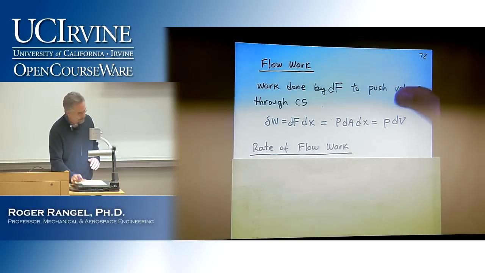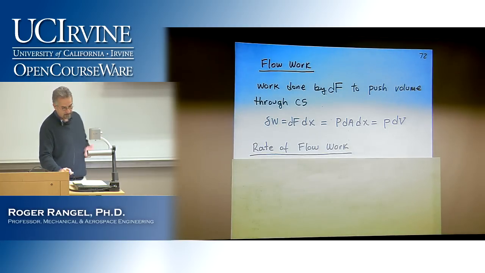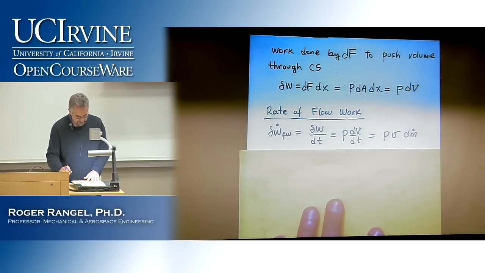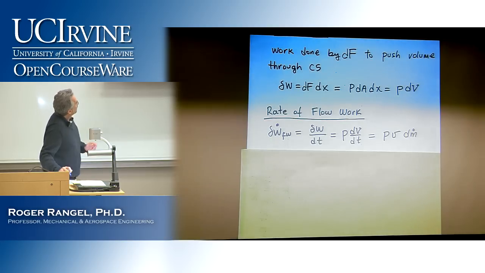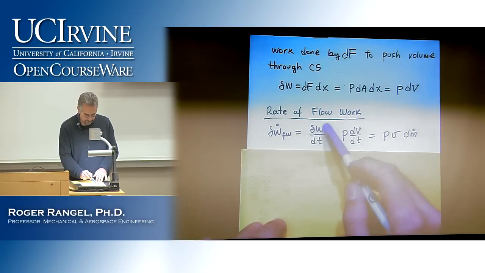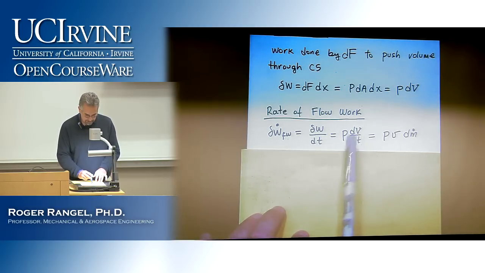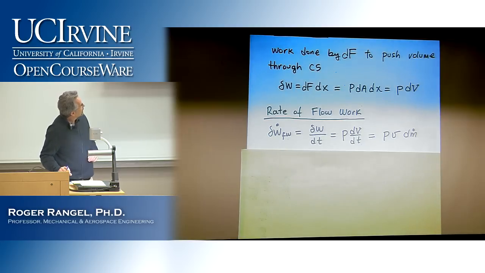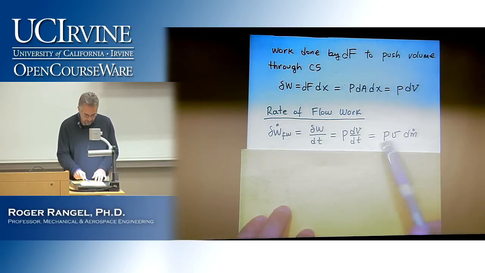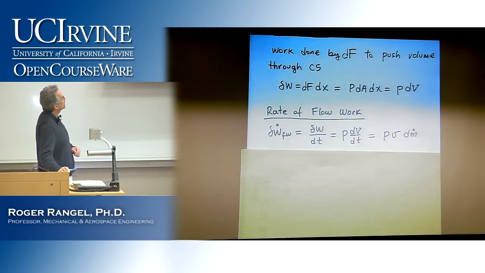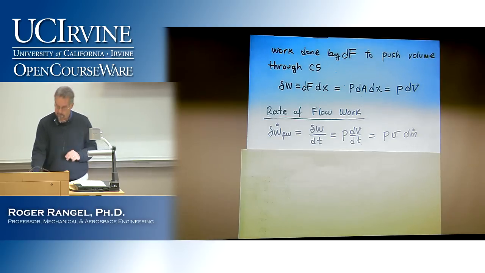And if I want to look at it in terms of rate again, all I need to do is divide by dt. So if I now divide by dt and call it delta W dot, which is just delta W over dt, well, that will be P dV/dt. But of course, earlier we had seen that we can write dV/dt in terms of the dm dot as specific volume times dm dot. So now I have two handy expressions.